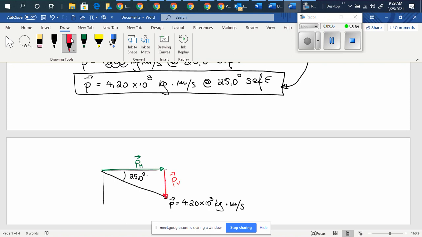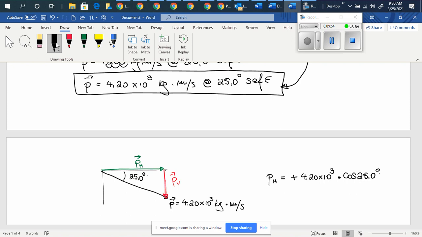Now, using sine and cosine ratio, we will find the horizontal component as positive because it is going in the east direction, and will be 4.20 times 10 to the power of 3 times cosine 25 degrees.